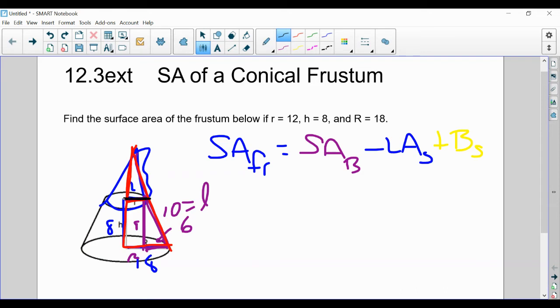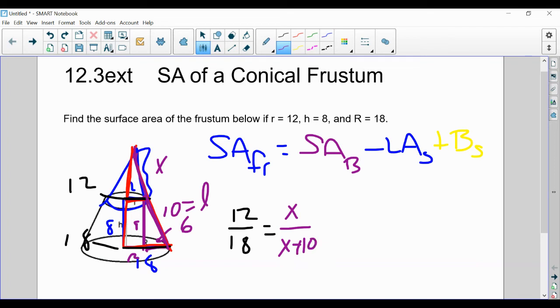So 12 is to 18 as, let's go for the slant heights, as this slant height here, which I'll call x, is to the slant height of the large cone, which is x plus 10.